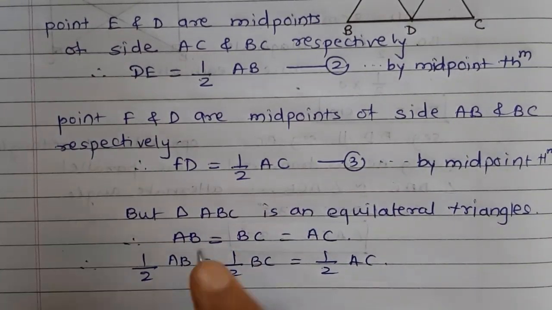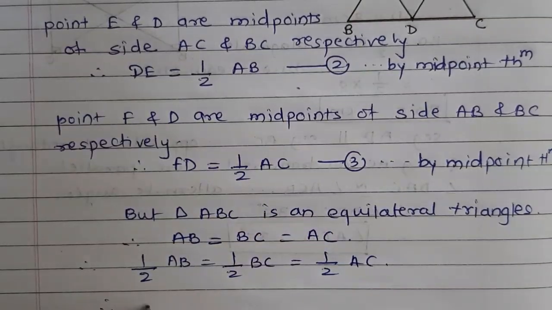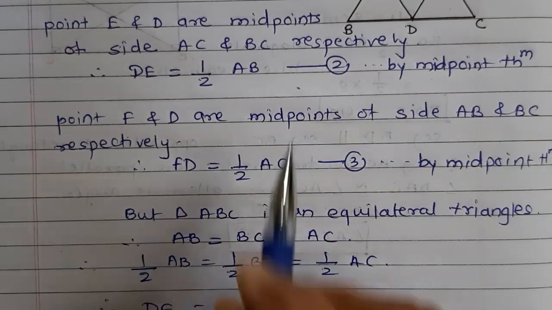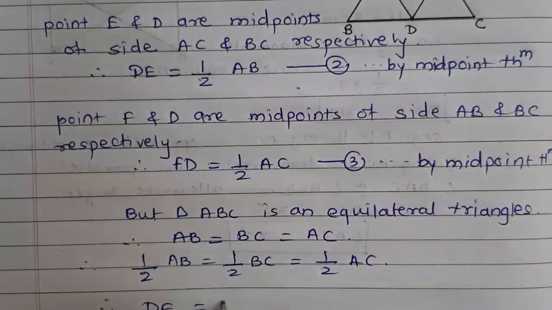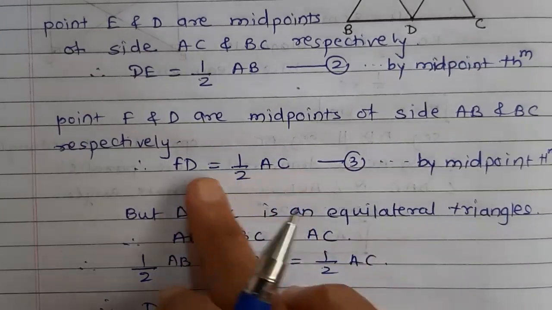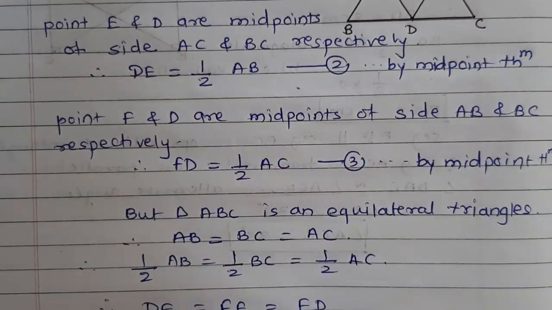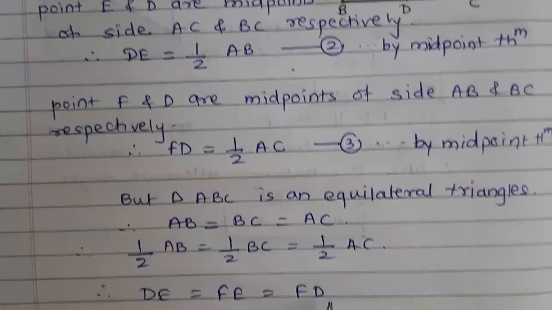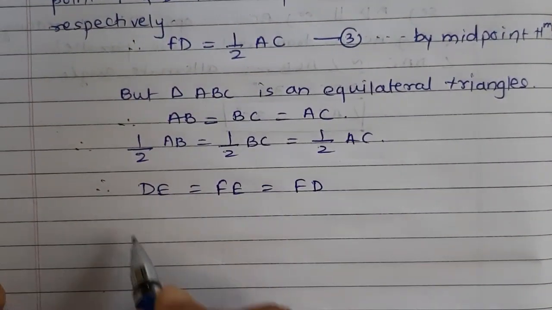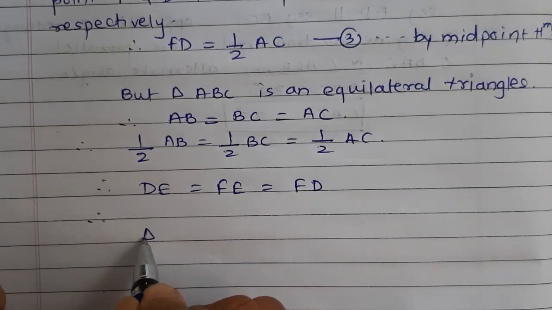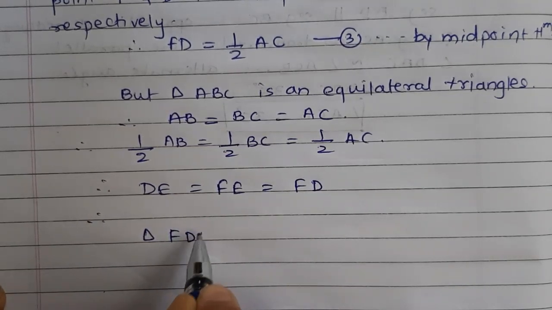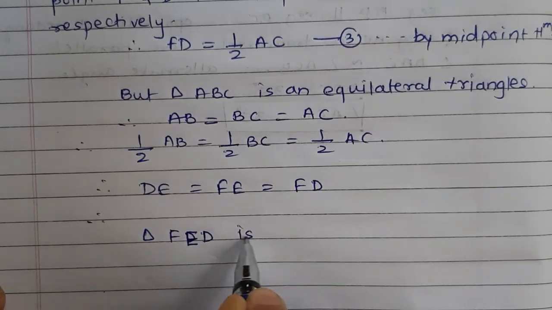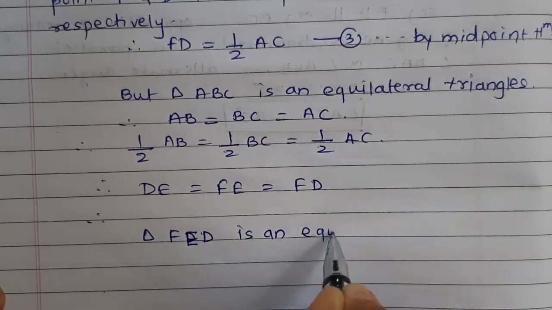But half AB is nothing but DE, half BC is nothing but FE, and half AC is nothing but FD. That means DE equals FE equals FD. So we can mention here triangle FED is an equilateral triangle.